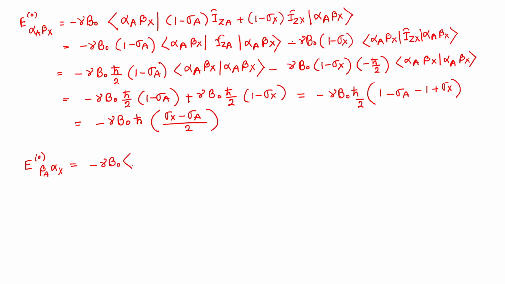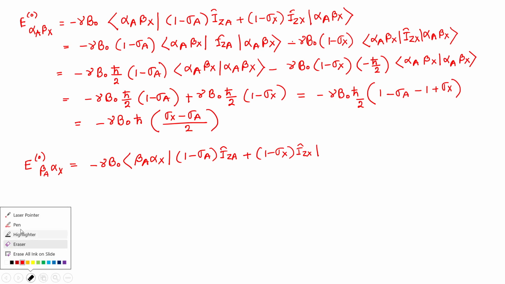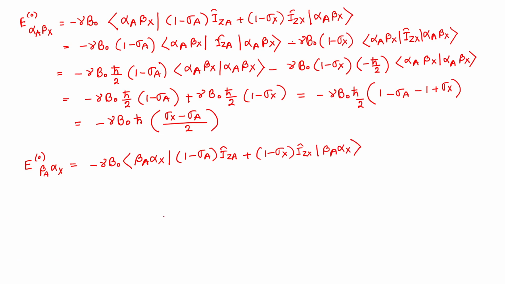Gamma B0 beta A alpha X, 1 minus sigma A Iz A plus 1 minus sigma X Iz X, and then beta A alpha X. As you saw from the earlier result, you are going to get a similar thing.